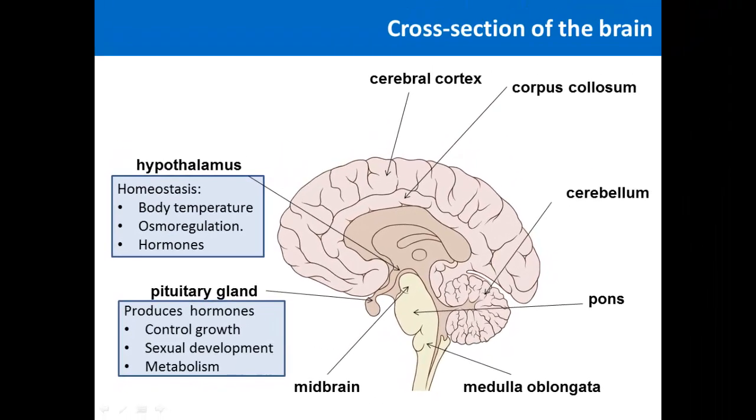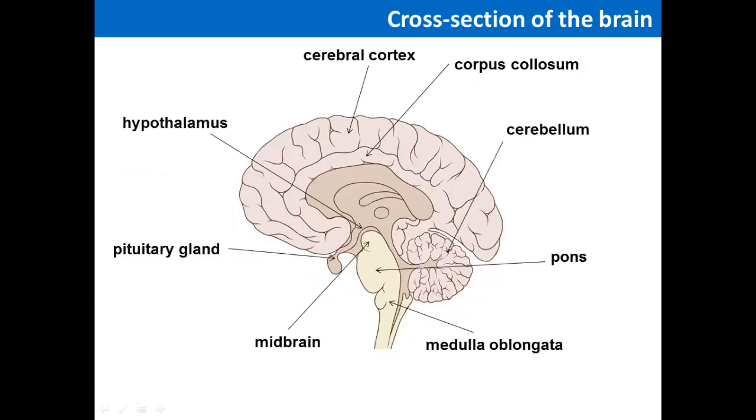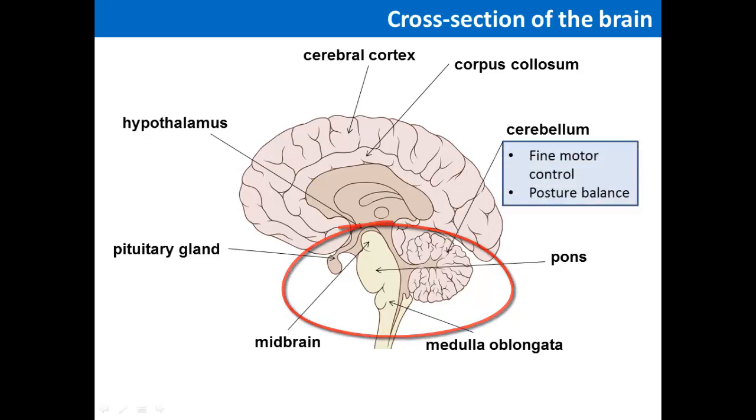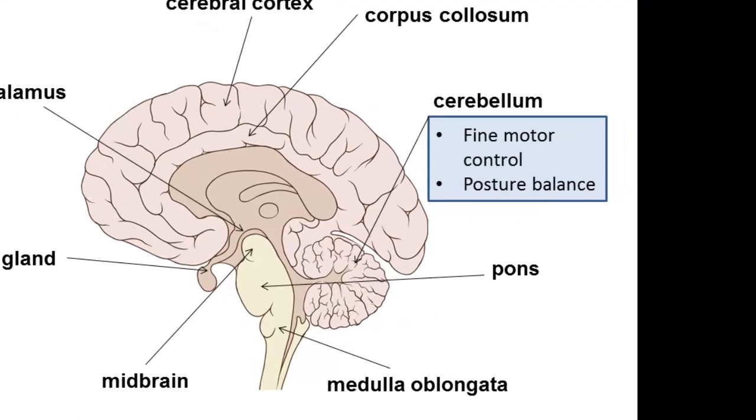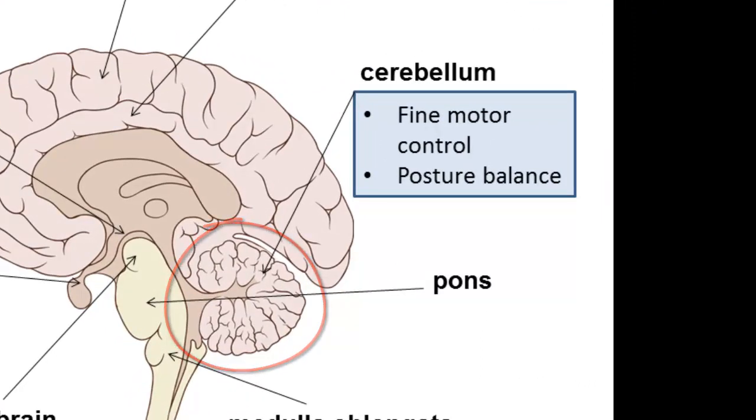The other structures in this cross-section of the brain that we're going to briefly discuss are structures that are within the brainstem. The brainstem is the lower portion of the brain. It is made up of the midbrain, the pons, and the medulla, and we'll also talk about the cerebellum. The cerebellum plays a role in fine motor control as well as posture and balance.